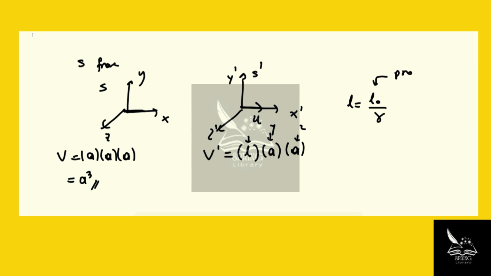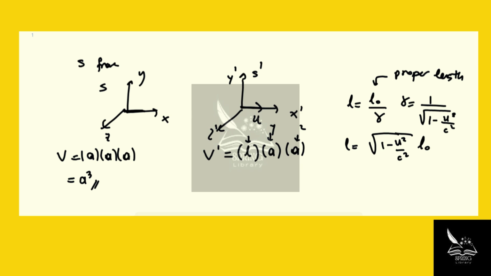This is the proper length. So then the gamma factor here, as you know, is 1 over square root of 1 minus u squared over c squared in this case. And now then all we need to do is to invert this because gamma is in the denominator. So L is going to be equal to square root of 1 minus u squared over c squared times L naught, right?